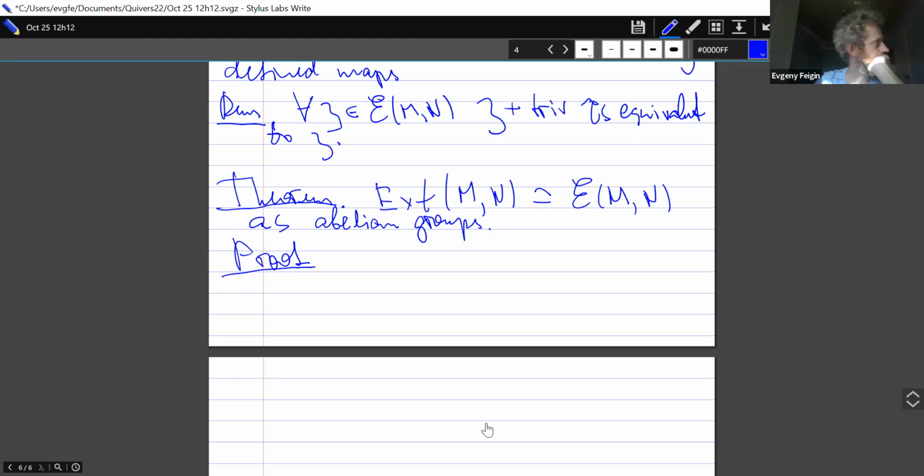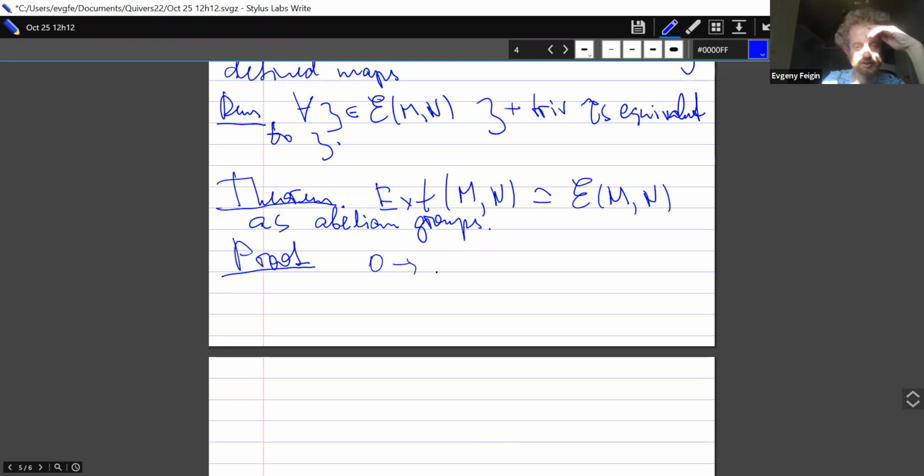Let's see. Yeah, but the question is whether there is some easy way to do this. I want to put minuses somewhere in the mappings, but I don't know if it works literally.